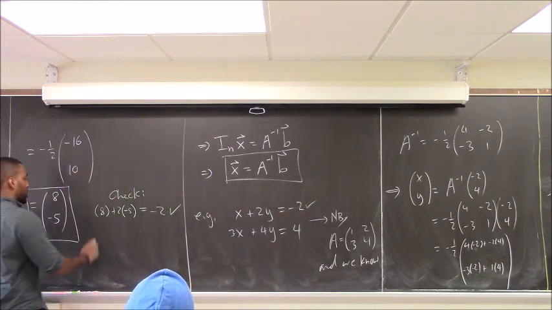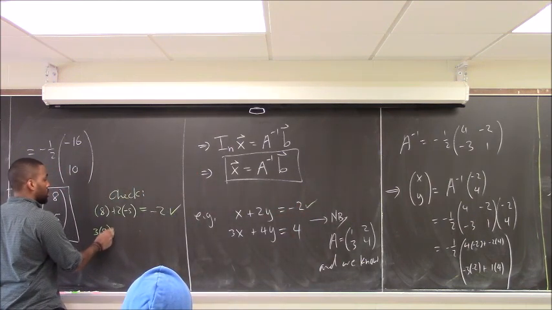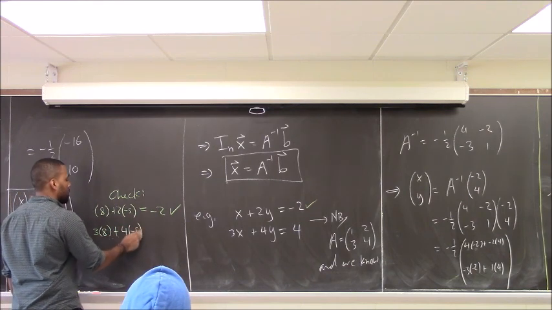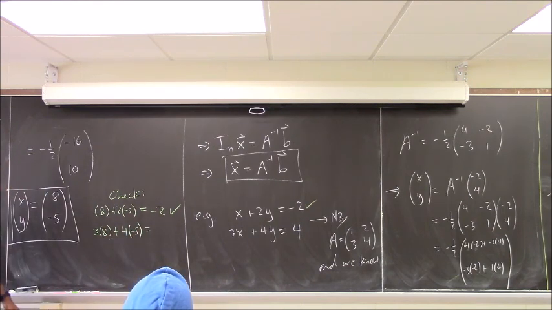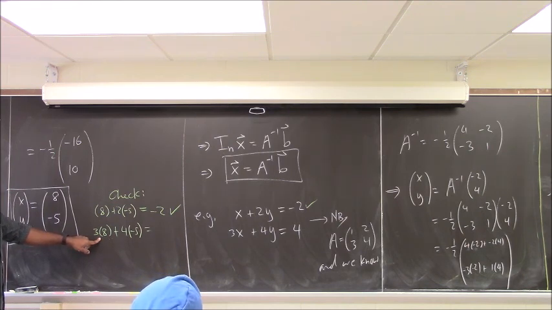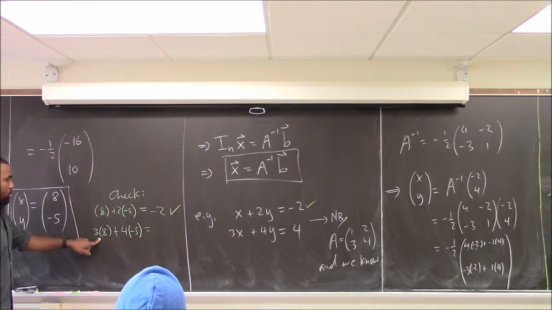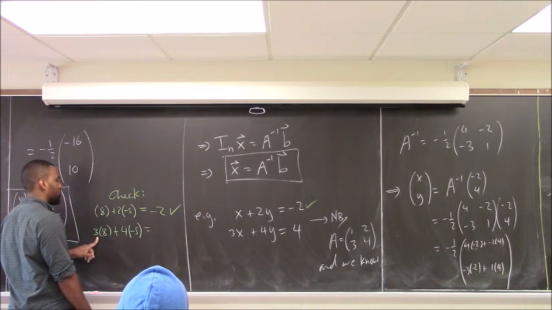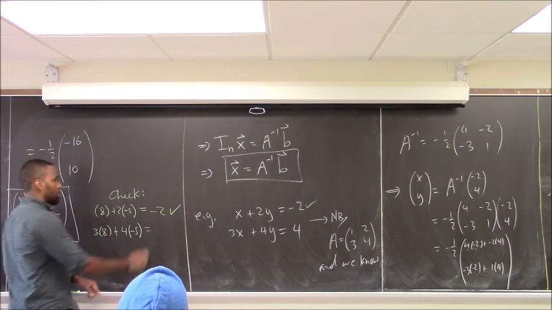If I were to take 3 times 8 plus 4 times minus 5, that's 24 minus 20. You get 4.